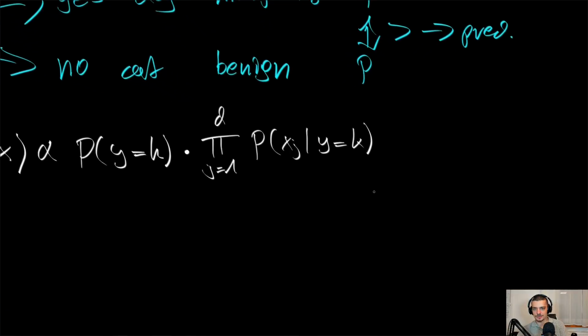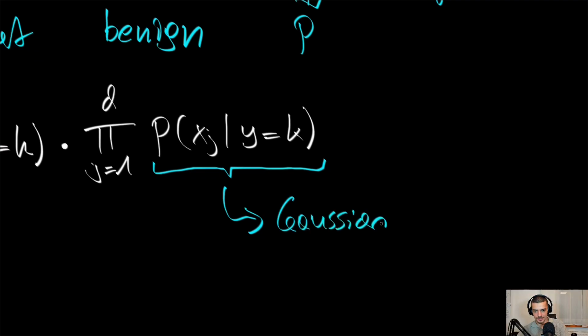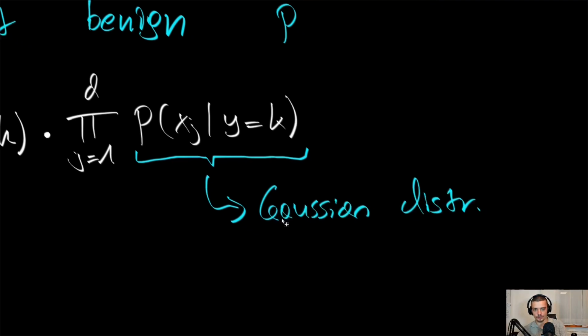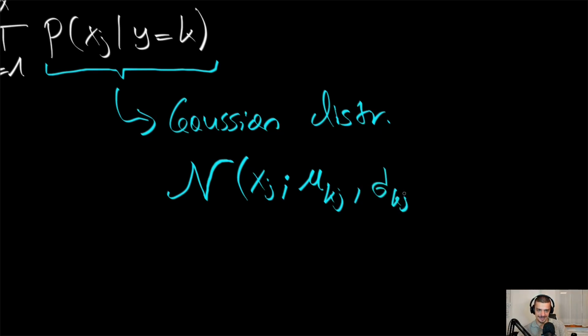And now what we also do, since this is a Gaussian naive Bayes, is we take this probability here for the individual features and we model these according to a Gaussian distribution, or you could also say a normal distribution. And there is a fancy n that you need to draw for this, something like this. I'm not sure if that's correct, but it's just the probability that xj occurs as the feature value given the mean of this particular feature for the class, so k for the class, j for the feature, and the variance for that feature, kj.